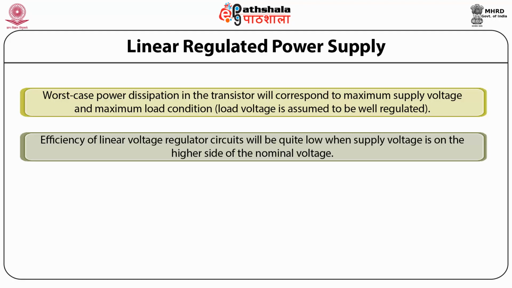So students, let us summarize what we have learnt in this module. First, various components of power supplies were discussed sequentially. Second, basic types of filters, that is L filter, C filter, LC filter and pi filters were discussed.